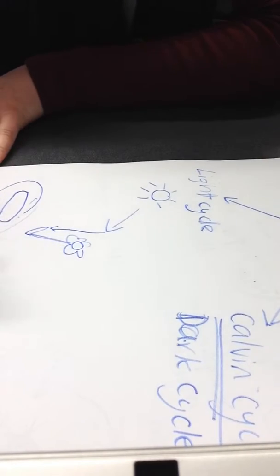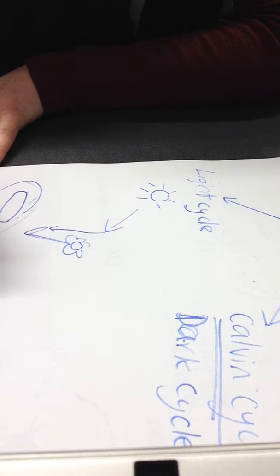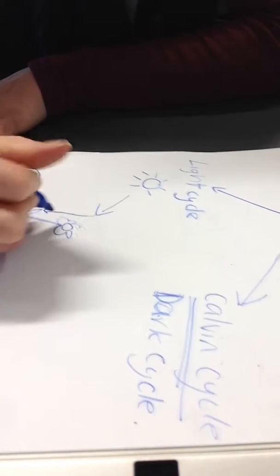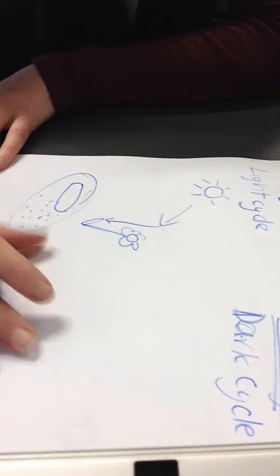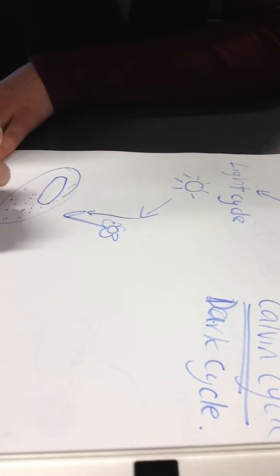So we've got our cell here, and oh, that's a terrible drawing. Okay, so we've got our cell here, and we've got all our little chloroplasts, so we saw that in our microscopes topic. Basically it's going to go down, it's going to hit one of these chloroplasts, and that's where the light is captured. So if I just draw a little chloroplast here.